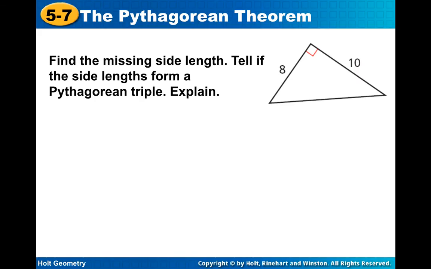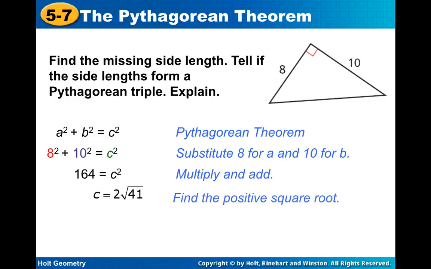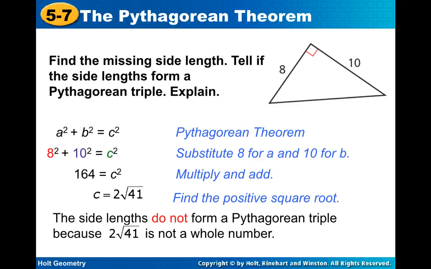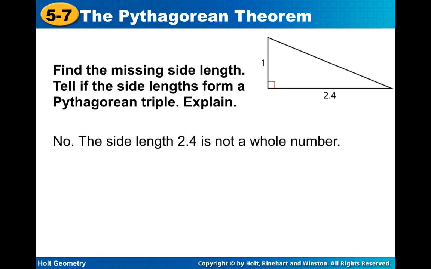Find the missing side. The missing side was simplified to 2 times the square root of 41. So again, not a Pythagorean triple. 1, 2.4, find the missing side. You might already know the answer to the second question. Looks like I didn't even find the missing side.